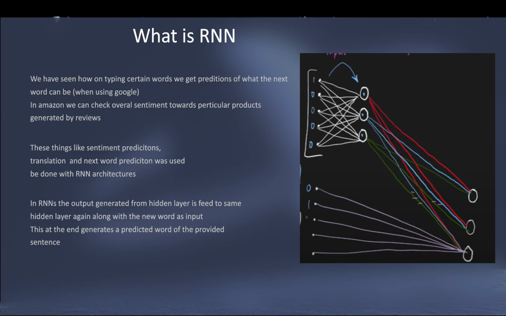That kind of next word prediction, sentence prediction, or sentiment analysis type of thing can be done with the RNN architecture. So RNN is basically used for predicting the next word. It is sequential in nature.